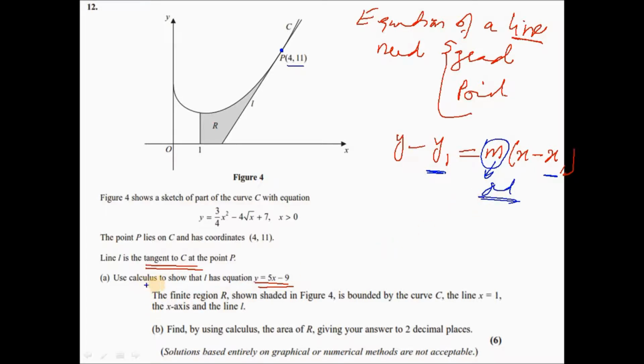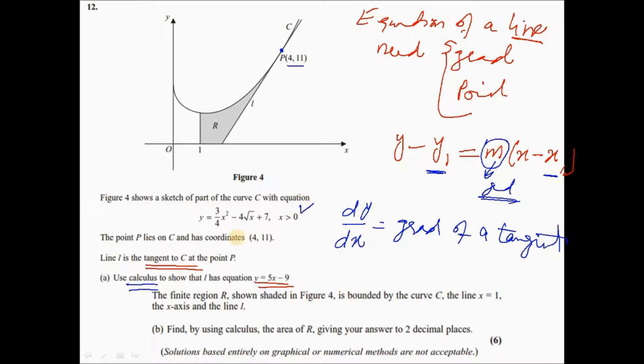Generally, in calculus, when we differentiate a function or we find the derivative dy by dx, this dy by dx is the gradient of a tangent line. That's what you need to do.